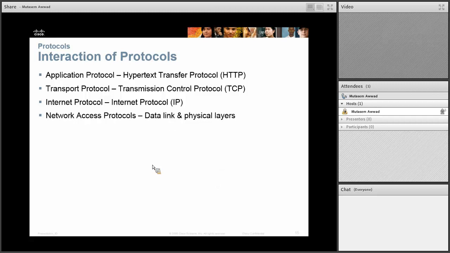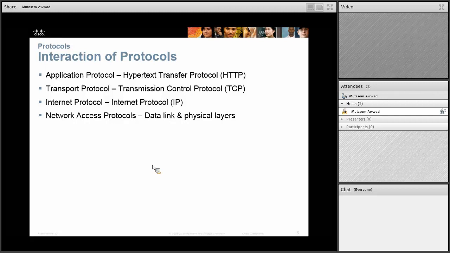HTTP has to be able to communicate with the TCP protocol. These are four different layers. An application protocol is the one that says what service you are trying to send. The application protocol has to pass the data to the transfer protocol, where the transfer protocol sets it up for transmission.